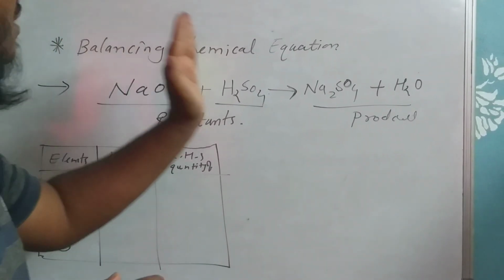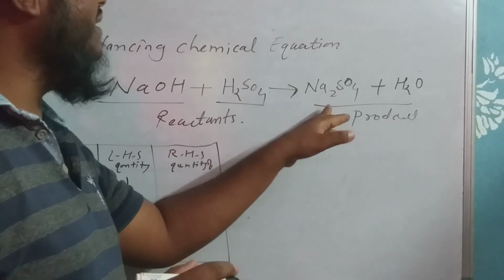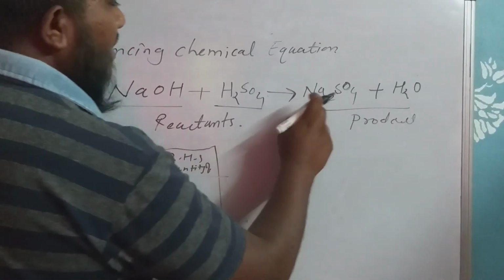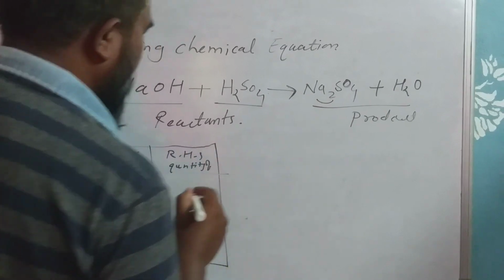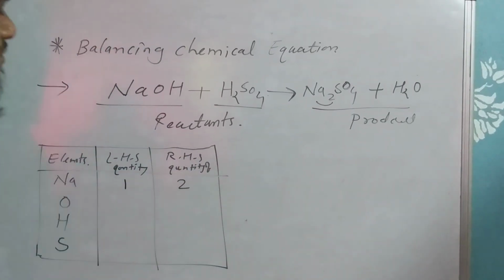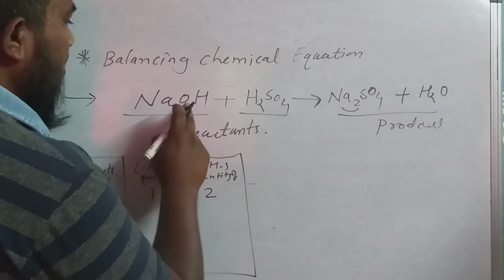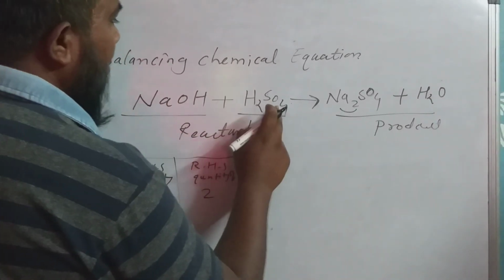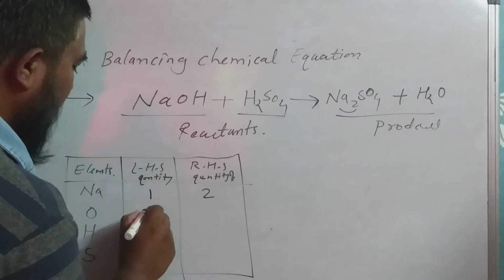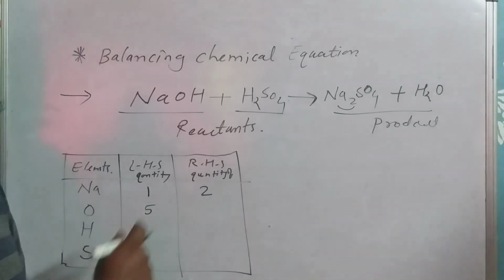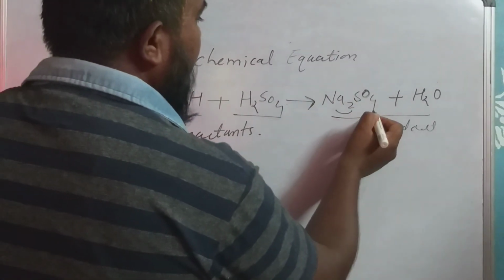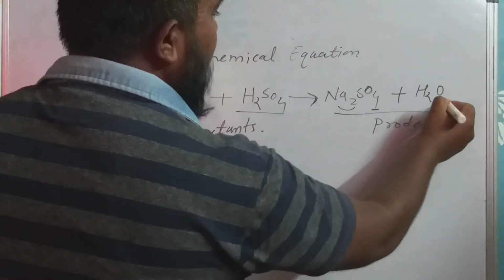Now when we look at the other side, the RHS side, we can see that two sodiums are here. Now we can write the quantity of sodium on the RHS side, that is 2. Now we can see oxygen: one oxygen is here and 4 oxygens are here, which means 5 oxygens are on the left hand side, and here 4 oxygen and this is 1.